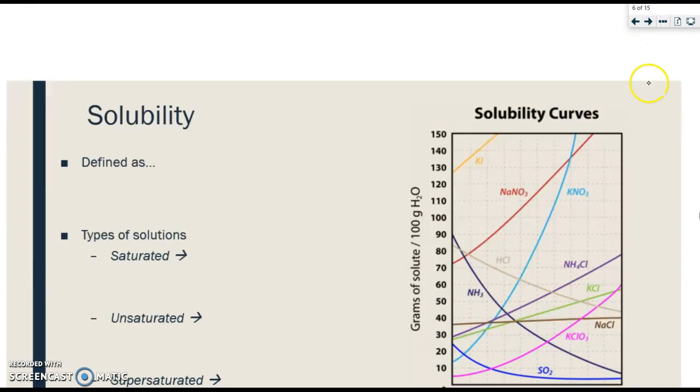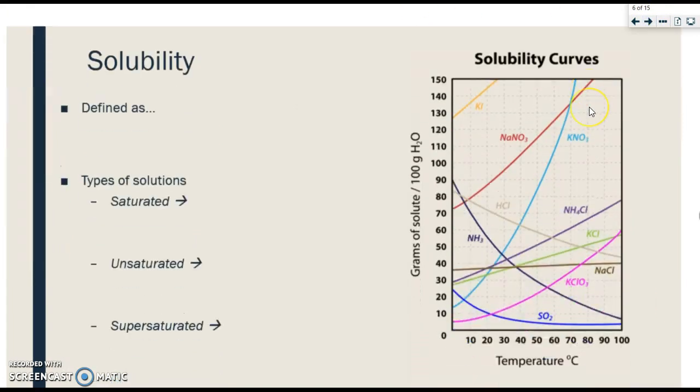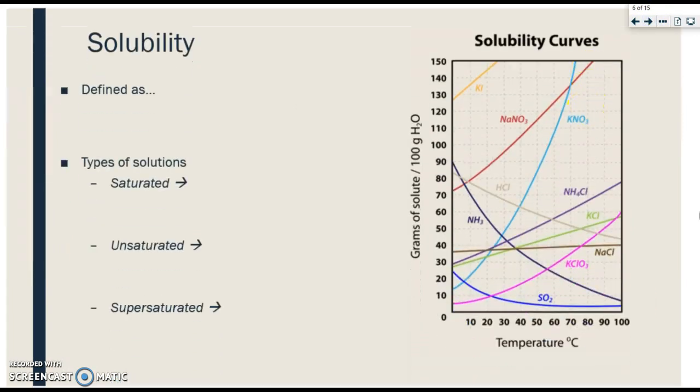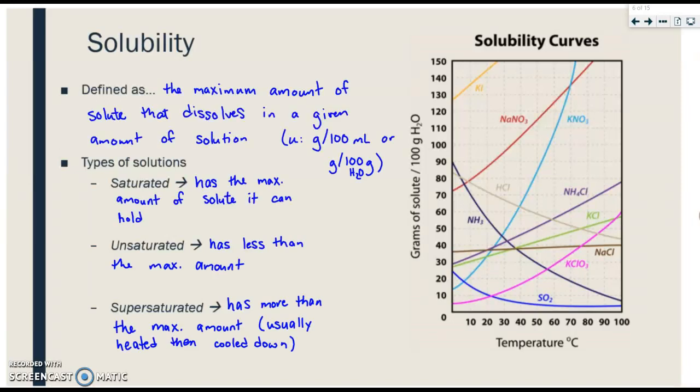Let's talk about solubility, another factor of solutions. You'll see here that I have defined some terms for you. Solubility is defined as the maximum amount of solute that dissolves in a given amount of solution, has units grams per 100 milliliters, or sometimes grams per 100 grams of water.